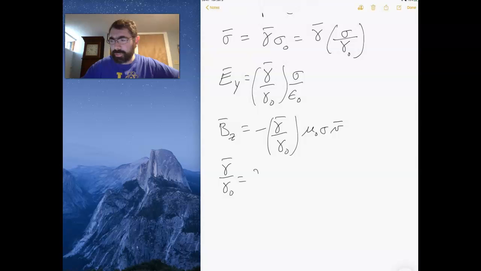What we get is the square root of 1 minus v0 squared over c squared; that's the gamma 0.